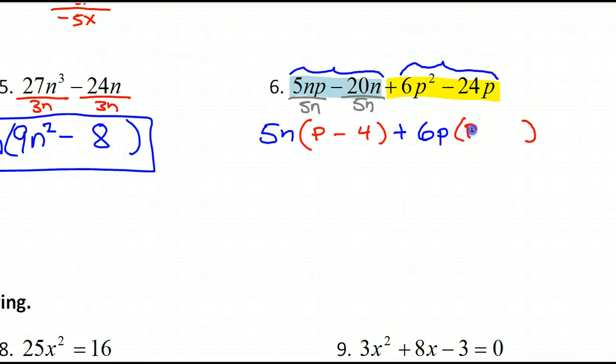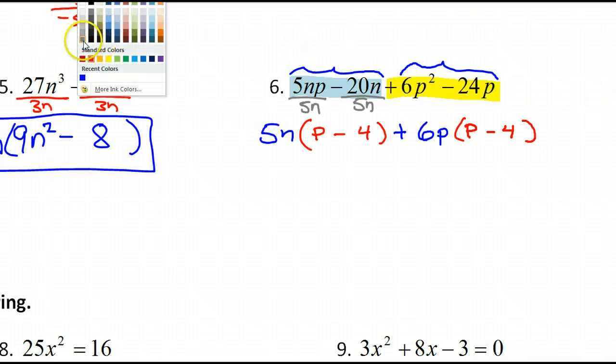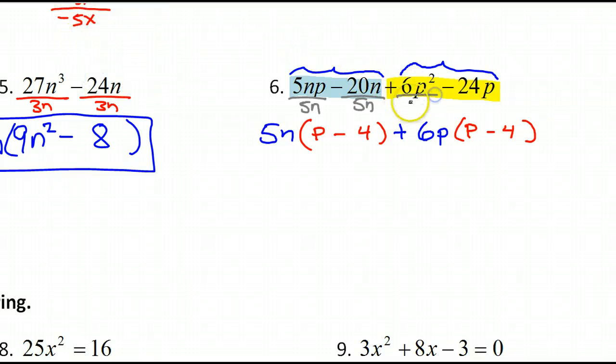So I'm hoping that it turns out to be p minus 4, or else I'm stuck. But let's not assume, let's check it out. If I divide both of these by 6p, the 6's cancel, the p's cancel, and I have p. And then here 6 goes into 24, and I get 4, and the p's cancel. So it's looking good.